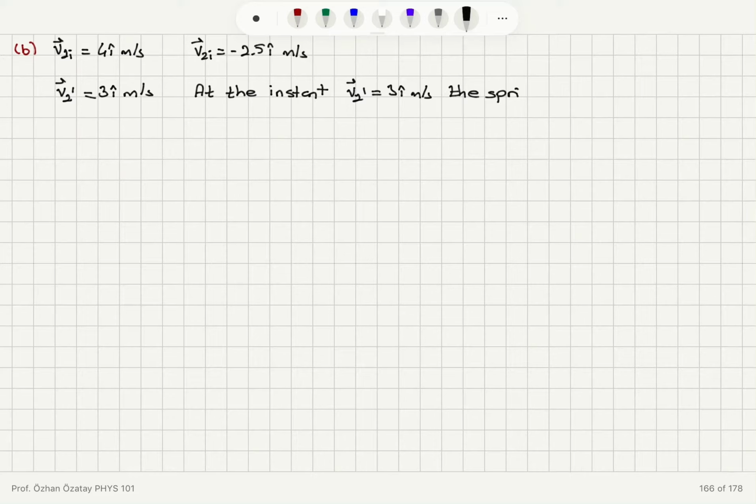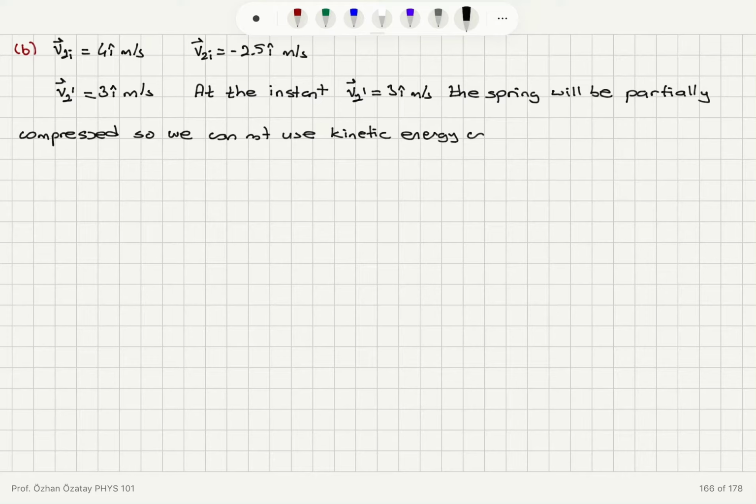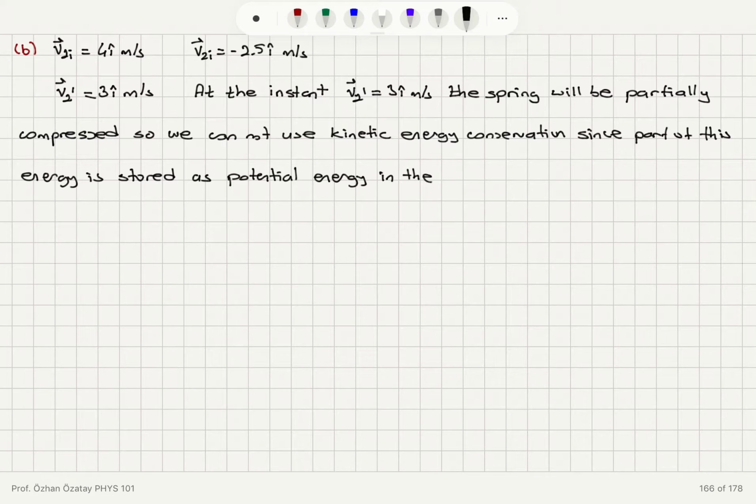The spring will be partially compressed, so we cannot use kinetic energy conservation for elastic collisions, since at that instant part of this energy is stored as potential energy in the spring. Okay, so that's during the collision.